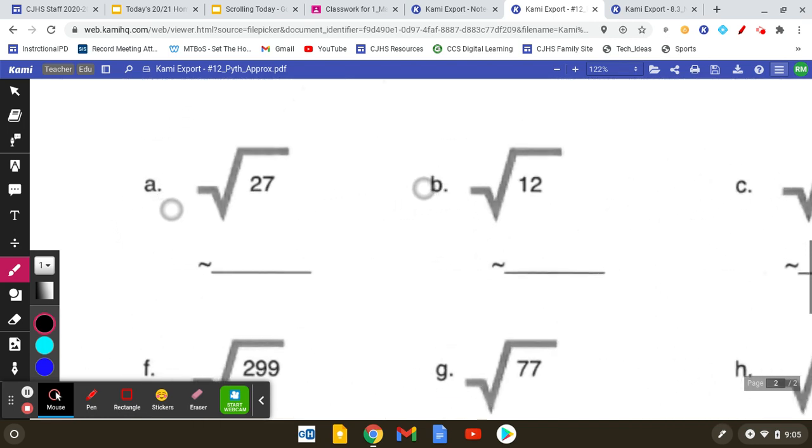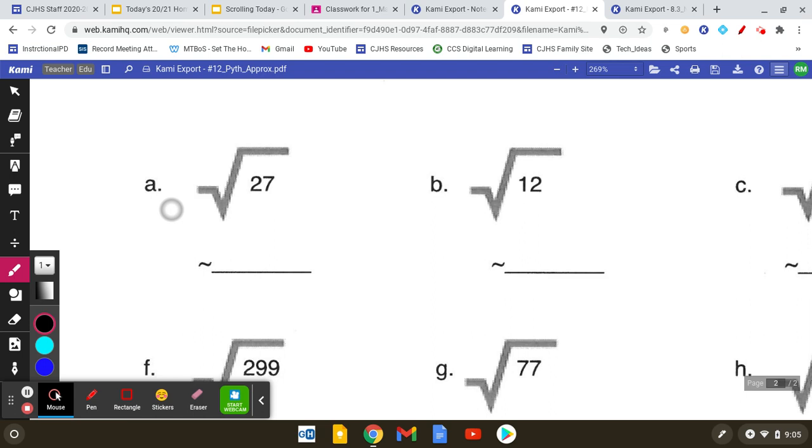So we're going to look at A first, and it says it's the square root of 27. Which 2 is it in between?